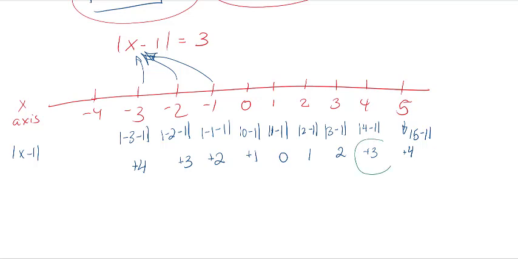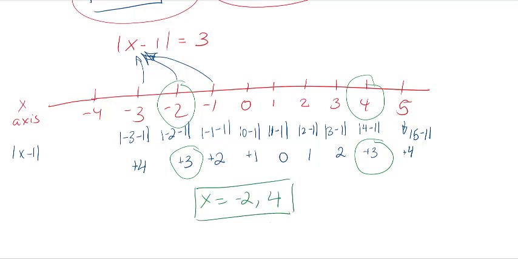We're looking at solutions that show that x minus 1 absolute value equals positive 3, and that is for negative 2 and for 4. So x equals negative 2 and 4. These are our solutions. Now, let's solve using our other method.